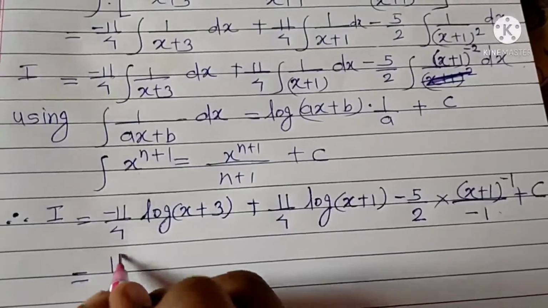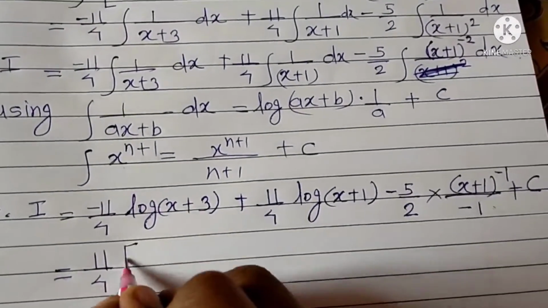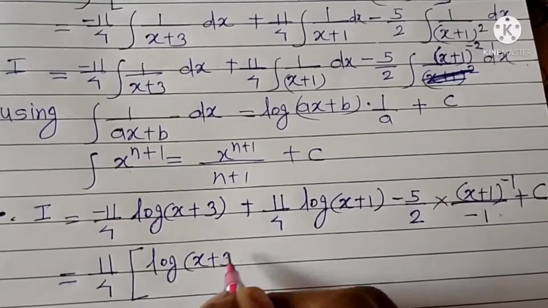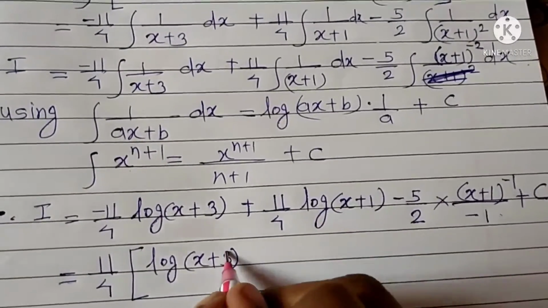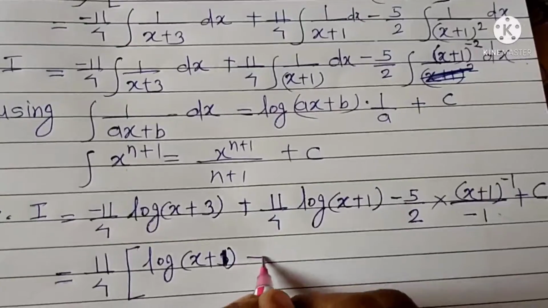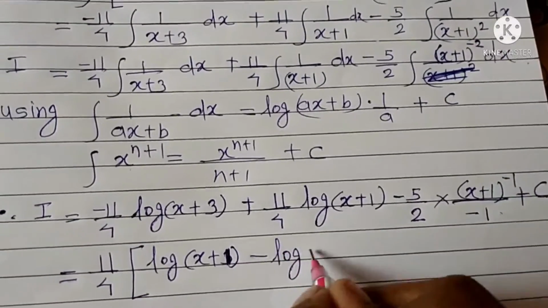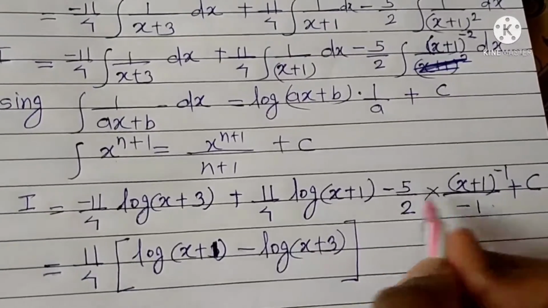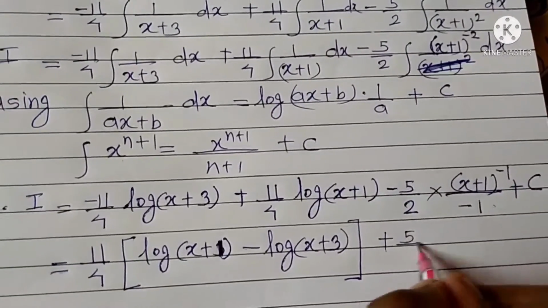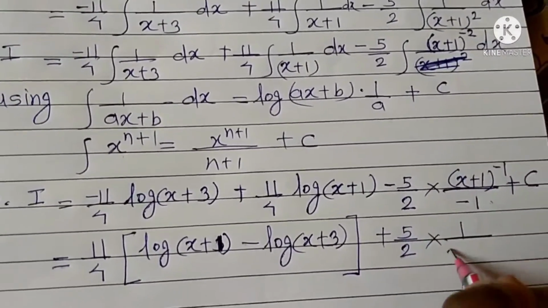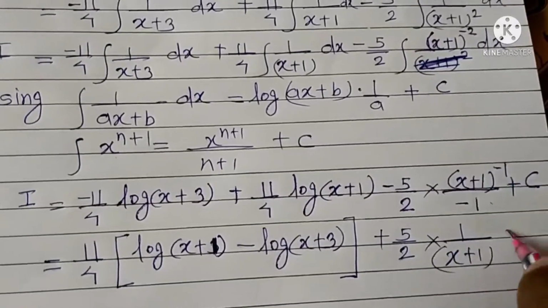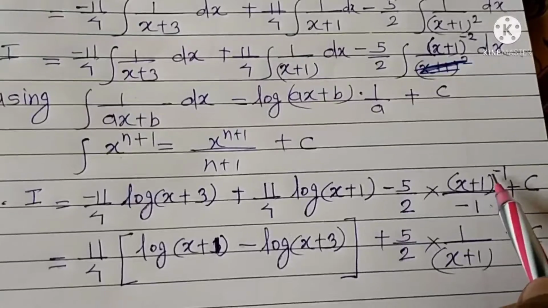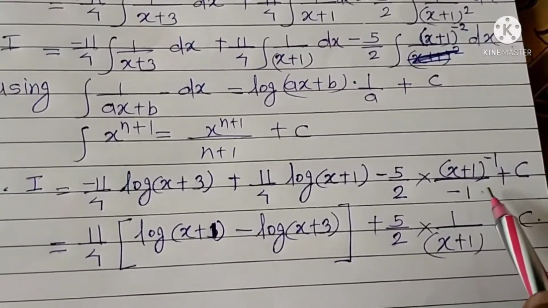Take 11 by 4 common, so here log(x + 1), first we take positive sign, then we take negative sign, minus log(x + 3). Okay, this minus minus will become plus 5 upon 2 into 1 upon (x + 1) plus c. Here we use this rule: -2 + 1 is -1 upon -1.